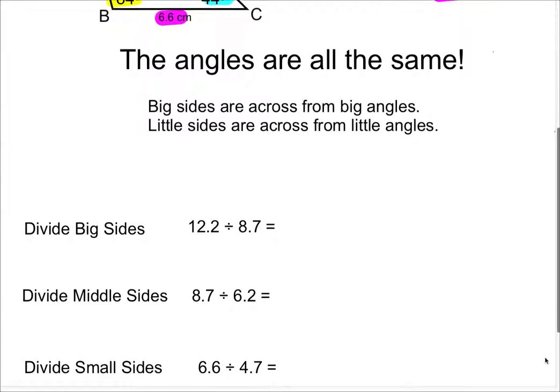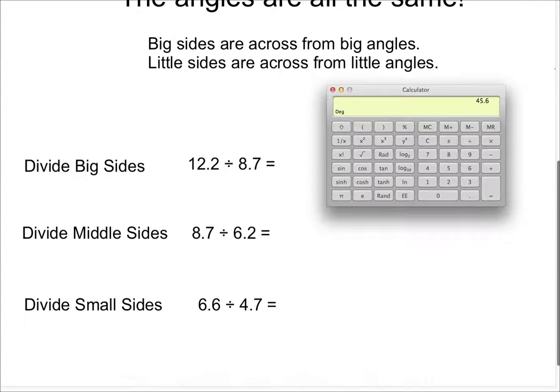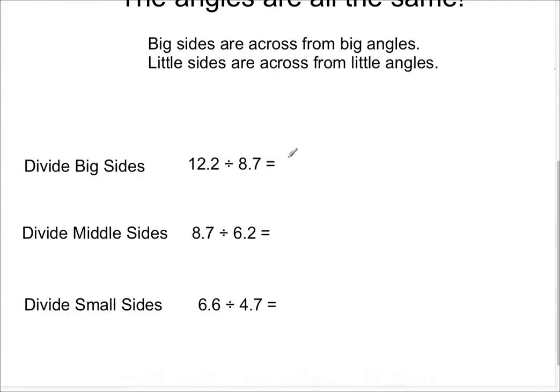And then once you made those divisions, let's do that together. These are the divisions for my triangles. I've got the big side of the big triangle divided by the big side of the little triangle, and that is 12.2 divided by 8.7. And I get 1.4 approximately. To say approximately, I'll put a dot over top of that.